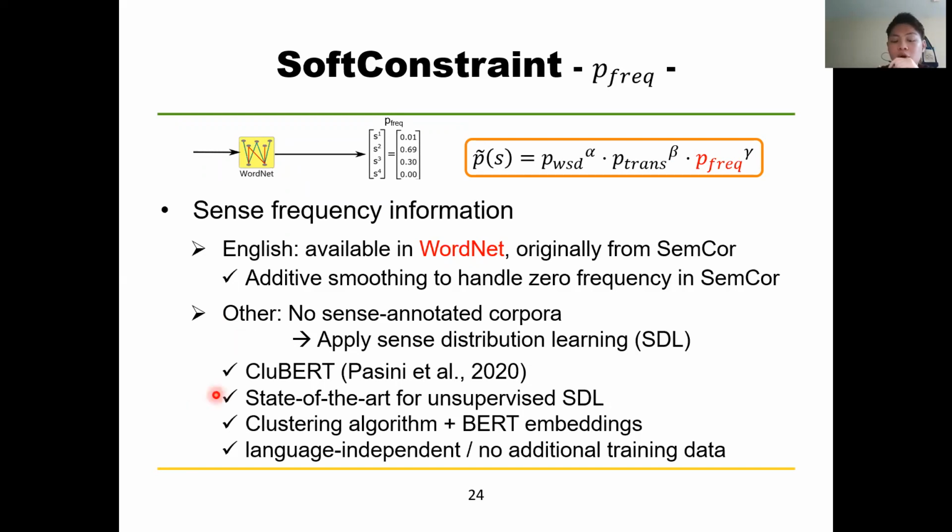And we employ CuBERT, which is a state-of-the-art method for unsupervised sense distribution learning. It applies a clustering algorithm to BERT embeddings to perform SDL. And like our methods, CuBERT is also language independent and doesn't have any additional training data requirements.